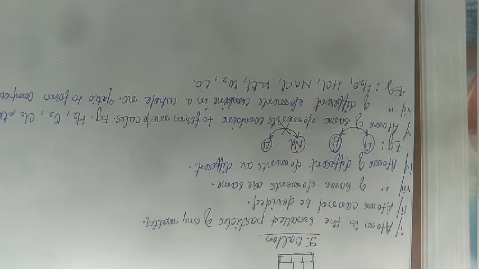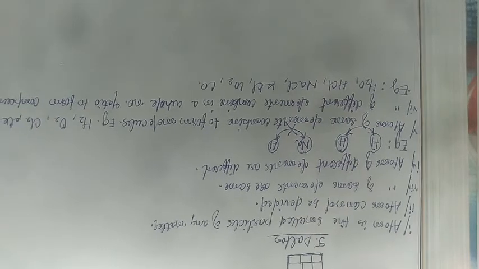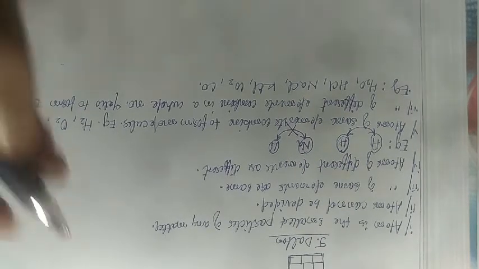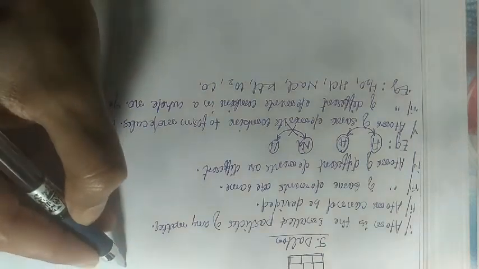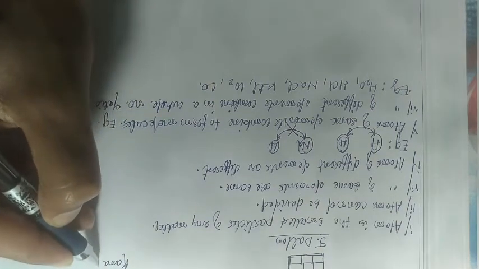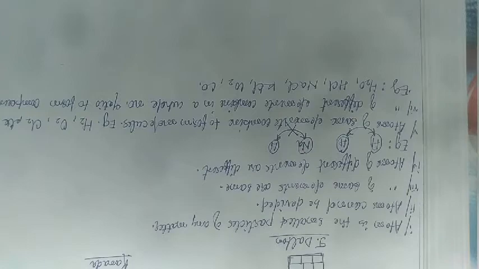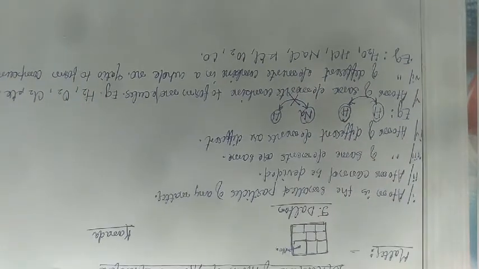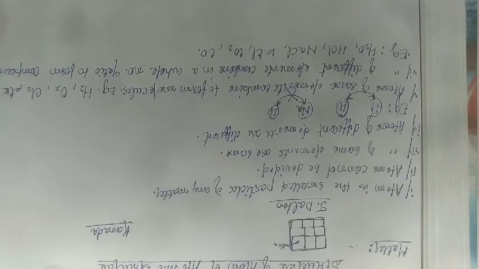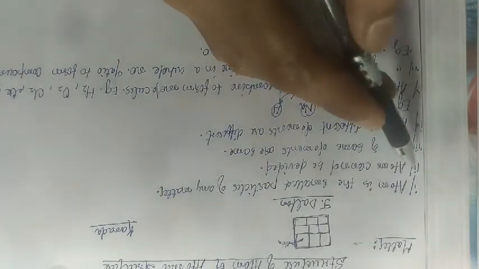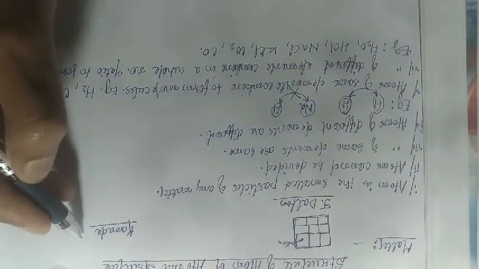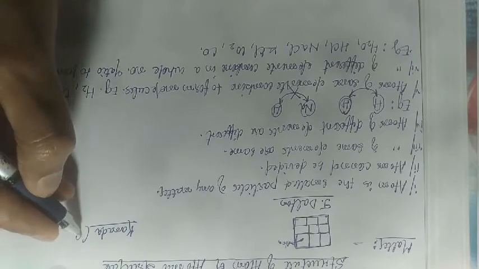So side by side, in India, one Indian scientist named Kannad Rishi, he was also a scientist, and what he says, whatever postulates Dalton has given, he gave in Sanskrit.